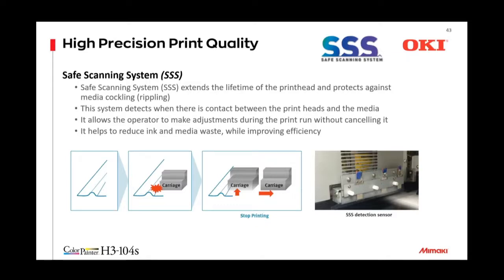This system detects when there is contact between the printheads and the media, so it will automatically stop the printing, lift up and move back to flatten out the media. So it's an automated scanning detect system that is only standalone on the H3 model.